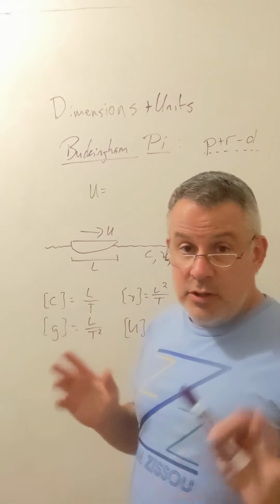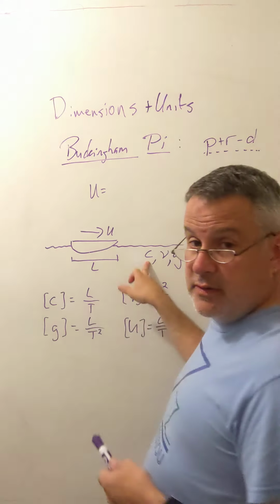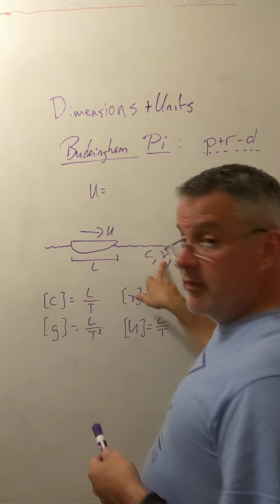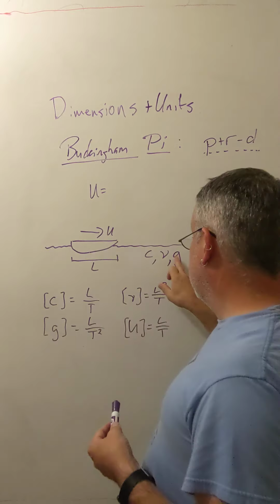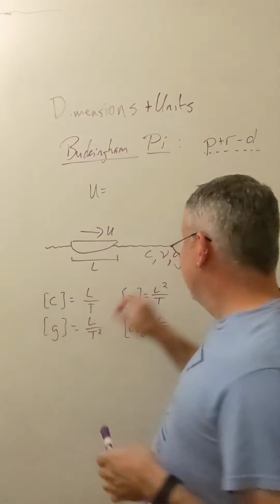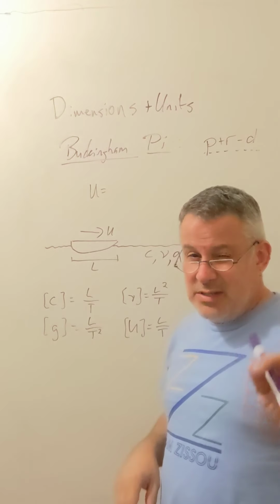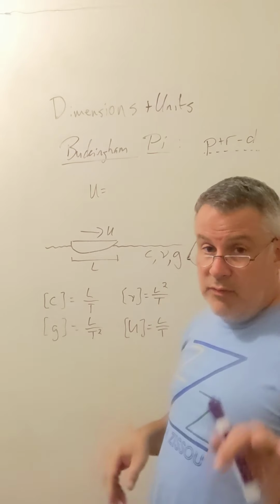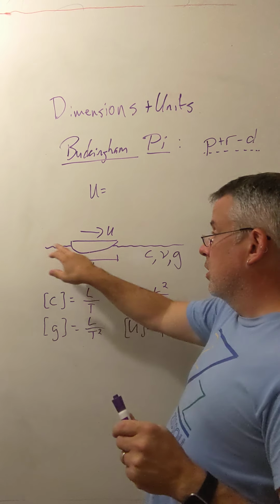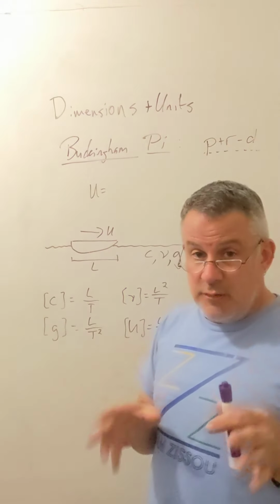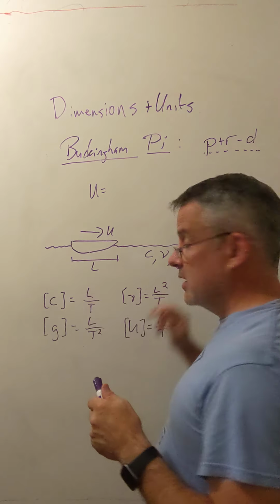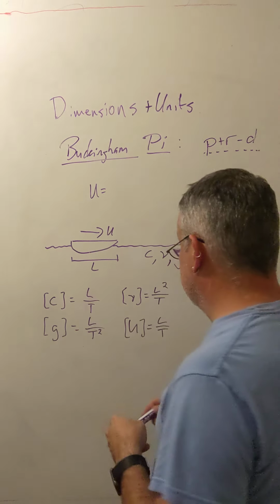Now there are some other parameters floating around: you might have the speed of sound in water, the viscosity of the water, and the acceleration of gravity. This last one is maybe not so obvious unless you've done gravity wave problems before, but the wave speed of waves on the surface of the water has a lot to do with the acceleration of gravity, so keep that in.